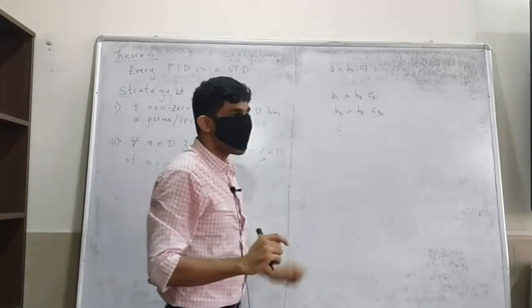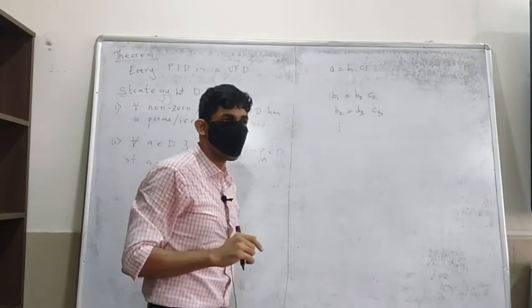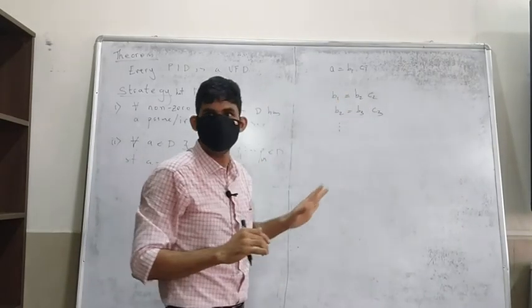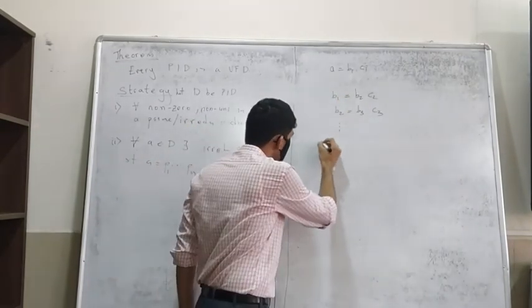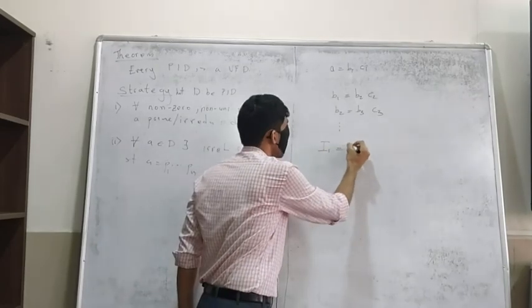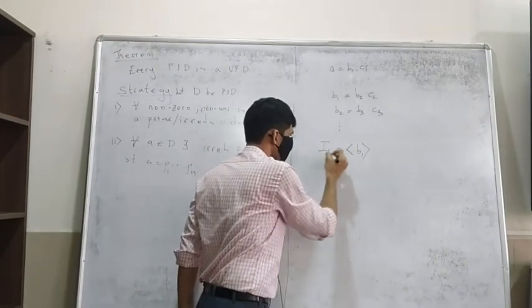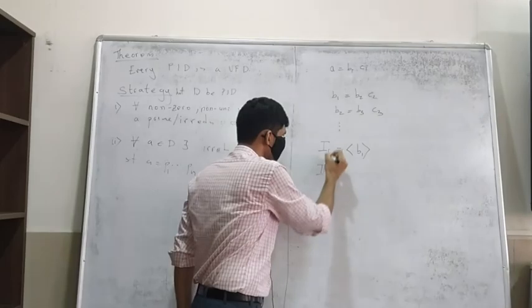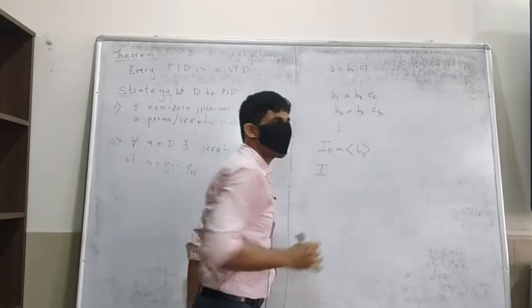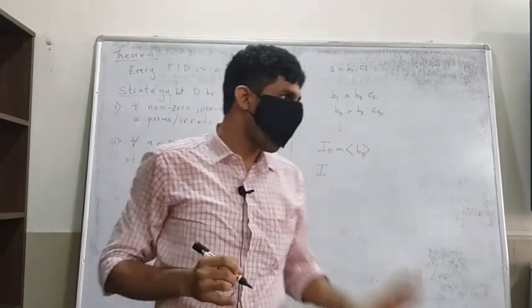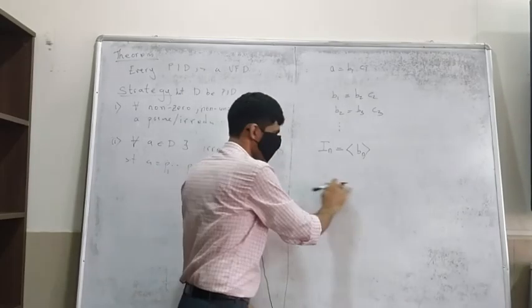Now I can look at the ideals generated by each of these. Let's see. You take I1 to be the ideal generated by B1. In general, you take In to be the ideal generated by Bn. Look at the properties of these ideals.